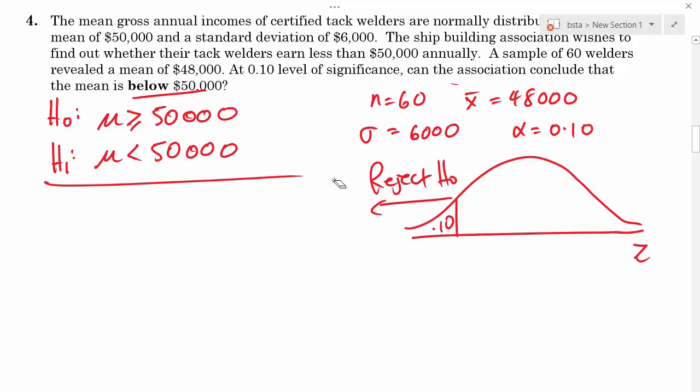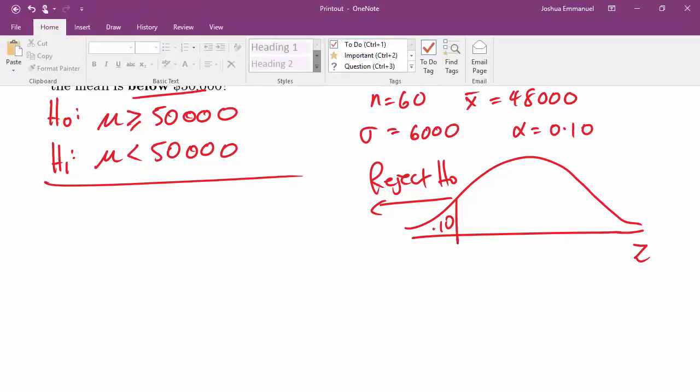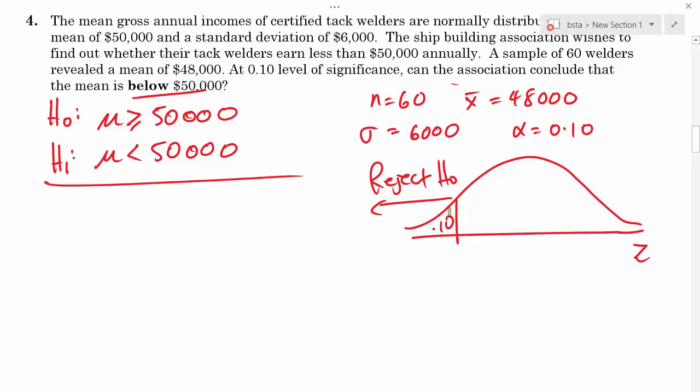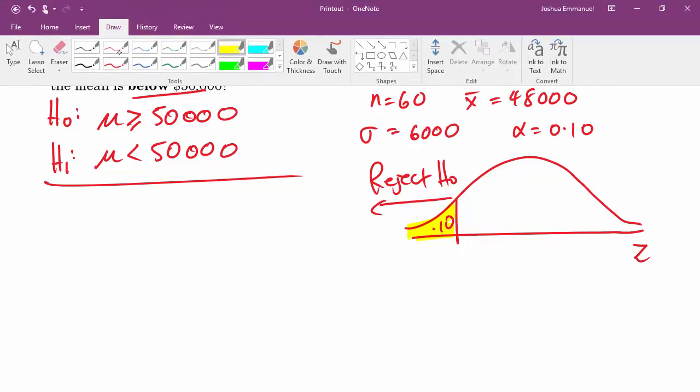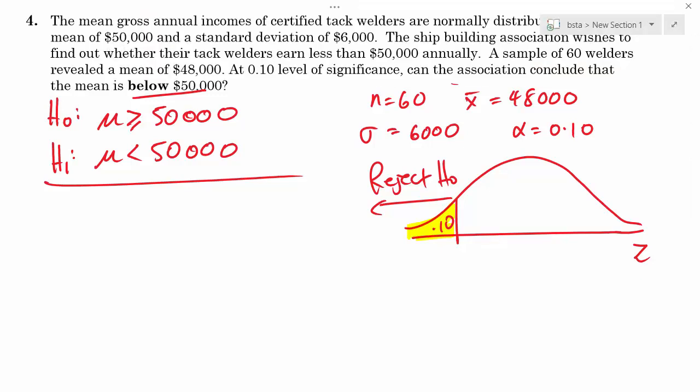So we're using Z. So what is your Z critical value going to be here? 1.28. We all agree it's 1.28. So this time is hypothesis testing, and we're not just looking for a general critical value.